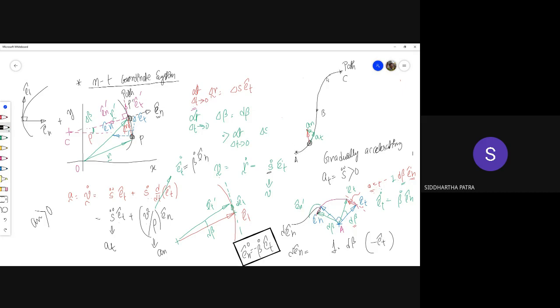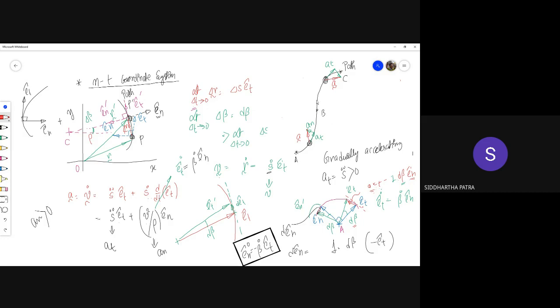If I were to take the position of the particle somewhere over here, in that case again it has a positive tangential component of the acceleration, and then the normal component would be acting in this direction. I don't know the magnitude of either of them, but the resulting acceleration would be pointing towards the right.